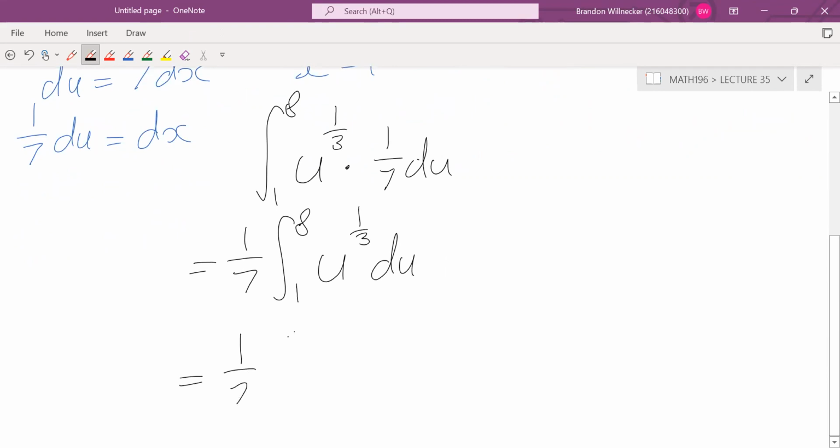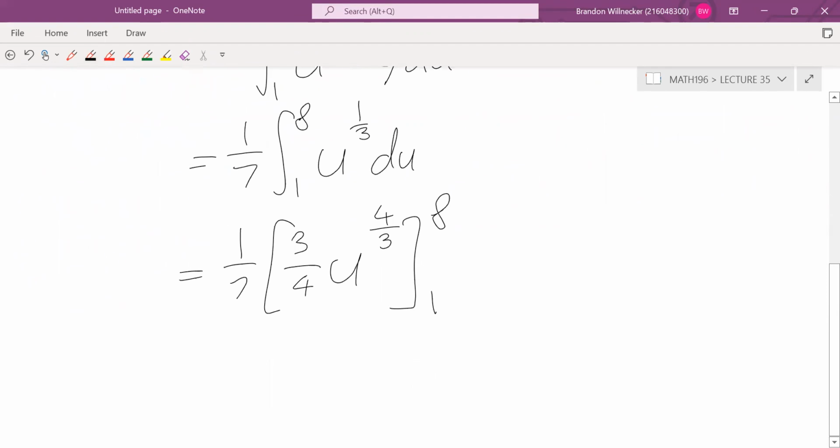So we have 1 over 7. We add 1 to the exponent. That makes it 4 over 3. Divide by that, we get 3 over 4. u to the 4 over 3. And this gets evaluated from 1 to 8. Okay, so 1/7 times 3/4, that's going to be 3 over 28.